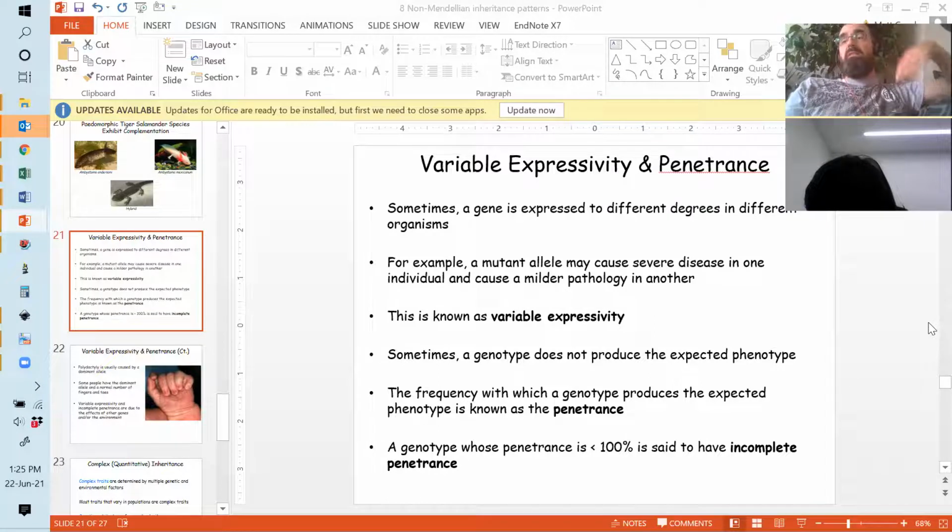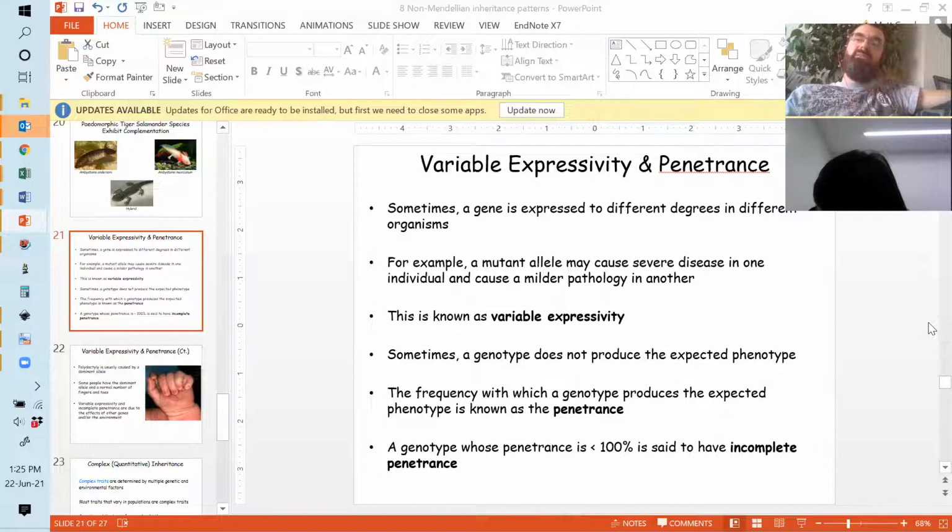And that basically means that if you inherit an allele for one gene, you stand a greater chance of inheriting a specific allele for another gene. And so quite often you'll see particular phenotypes, even if they're a result of multiple different genes, passed down as a package through generations.